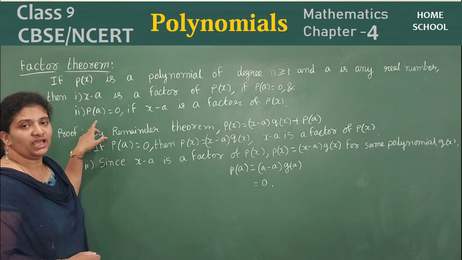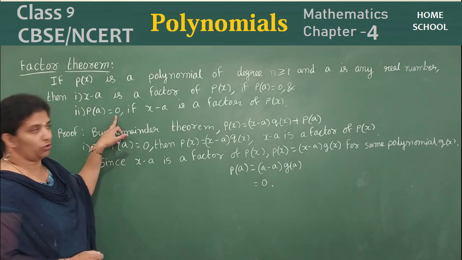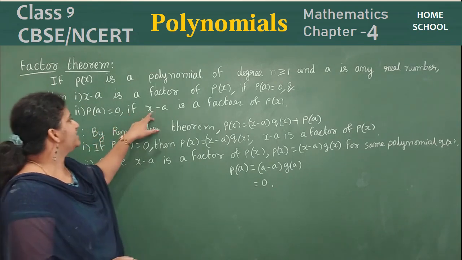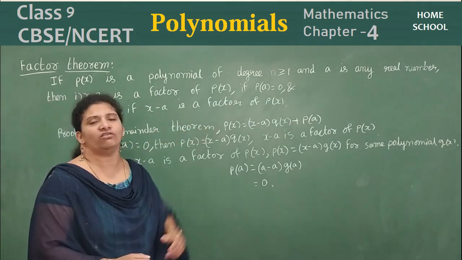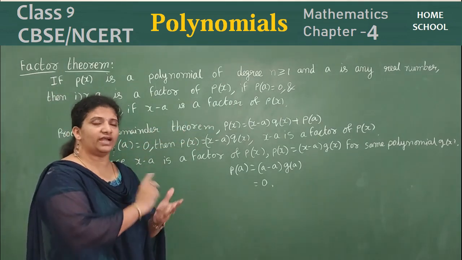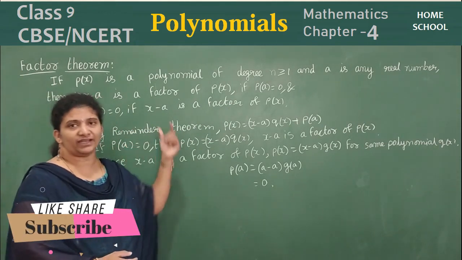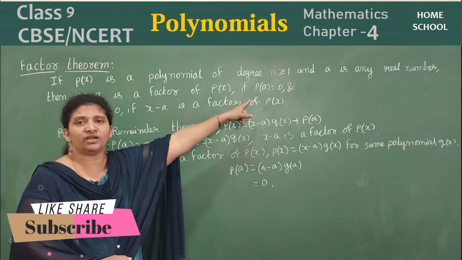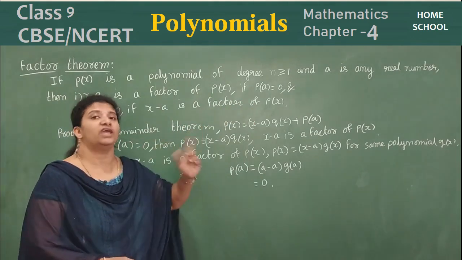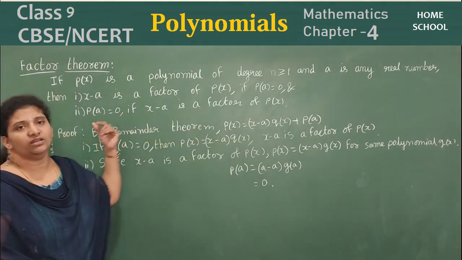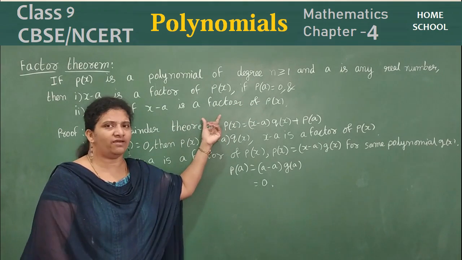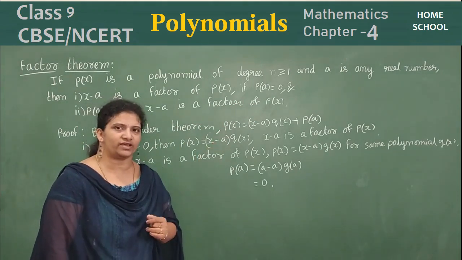Second condition, if p of a is 0, then x minus a is a factor of p of x. Either of the conditions is true, children. Suppose x minus a is a factor of p of x, then automatically p of a will be 0. If p of a is 0, then x minus a is a factor of polynomial p of x.